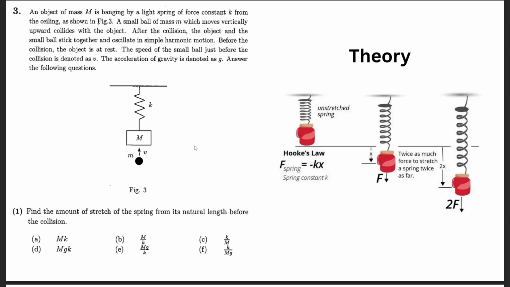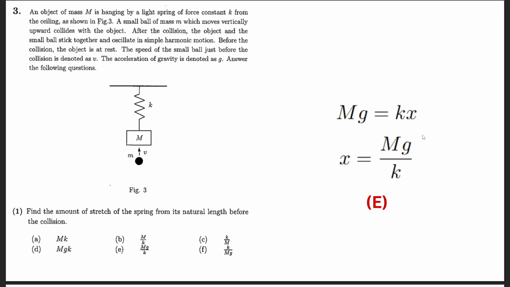So what you have to know to solve this problem is that when a spring is stretched by a distance of x, it wants to go back to its natural position. So that force is the spring constant k times the distance. And we can just solve it by the M, which is the force that is going down.